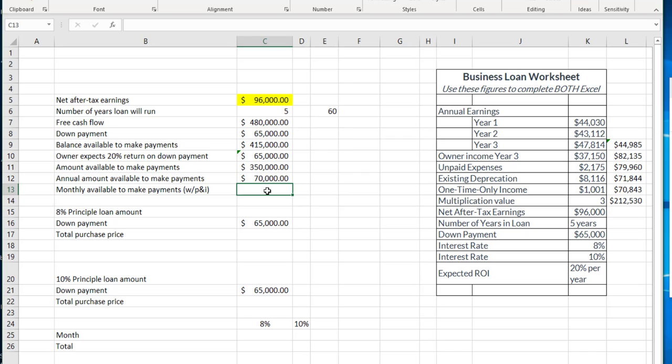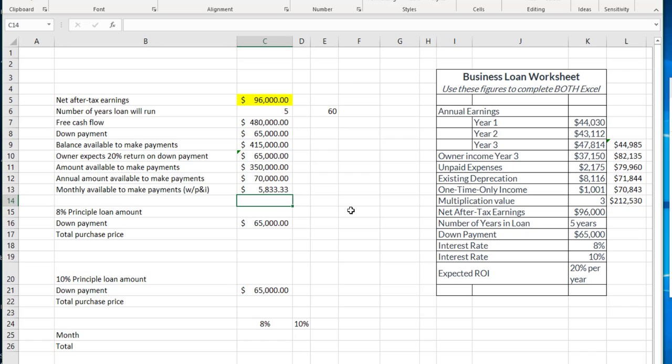So in order to determine what that would be per month, we're going to say divided by 12. So $5,833.33.